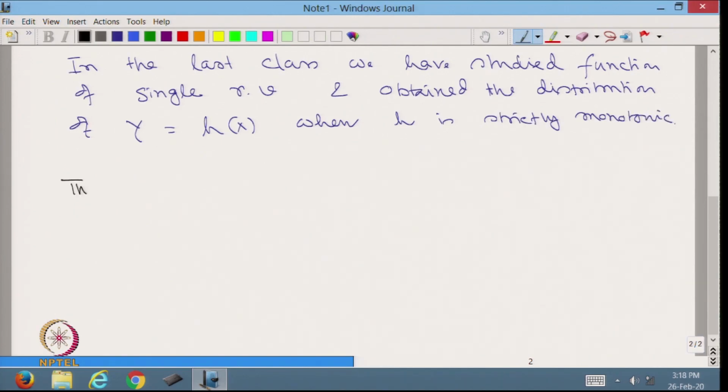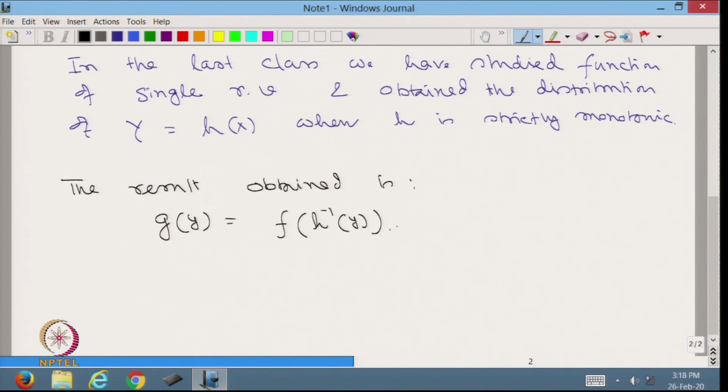The result obtained is g of y is equal to f at h inverse of y multiplied by modulus of dx dy.